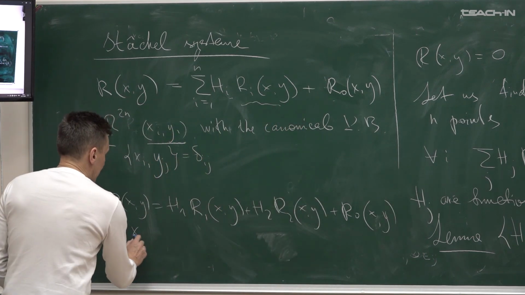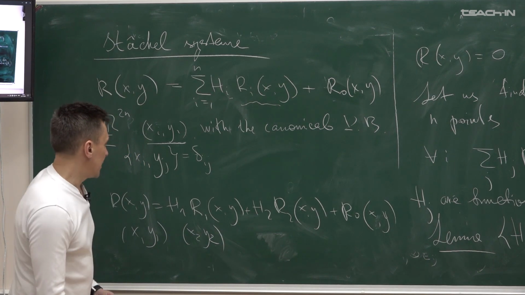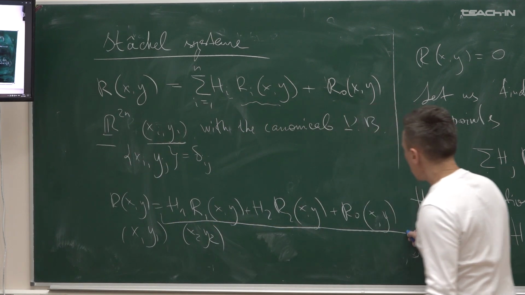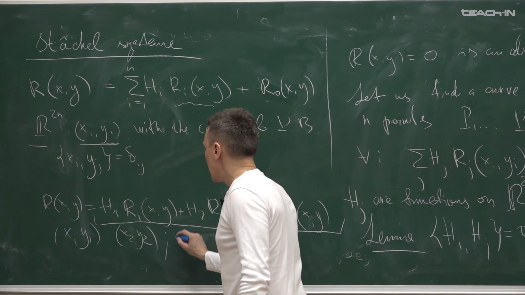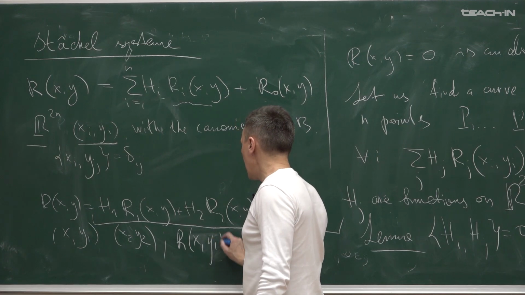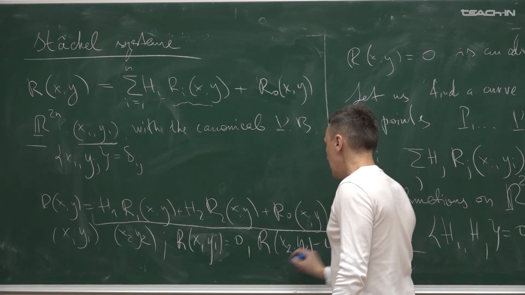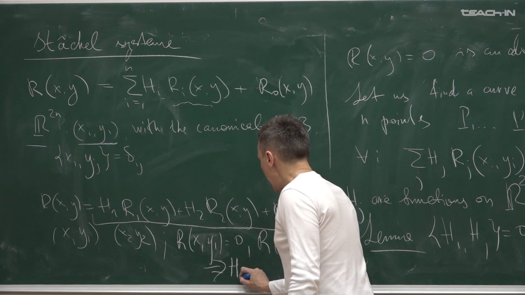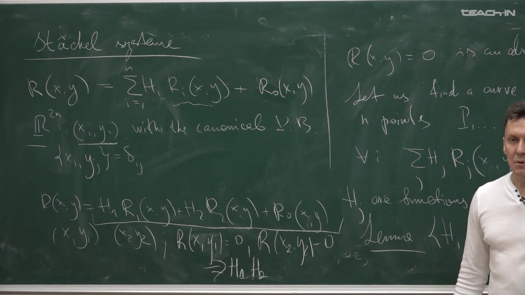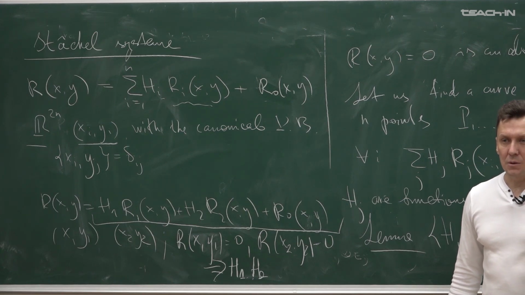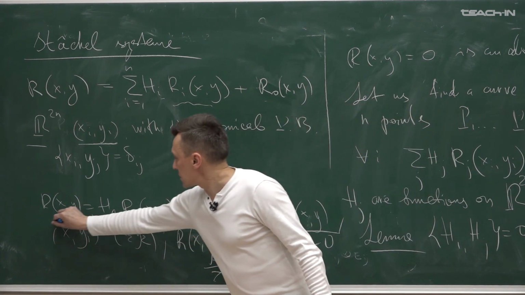Now we have 2 points, (x1, y1) and (x2, y2), and we ask that such an equation is satisfied: R(x1,y1) is 0 and R(x2,y2) is 0. This allows us to absolutely uniquely define h1 and h2. It means that h1 and h2 are functions on this space.